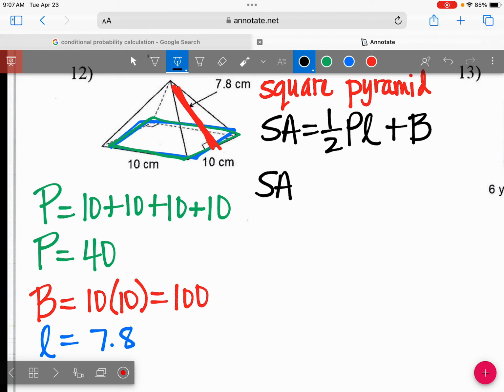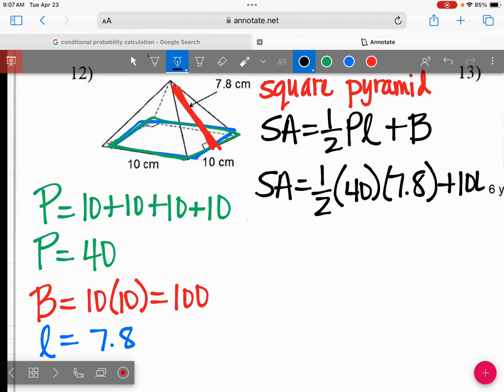Surface area is 1/2 perimeter L plus the area of the base. So type that in your calculator just like that.